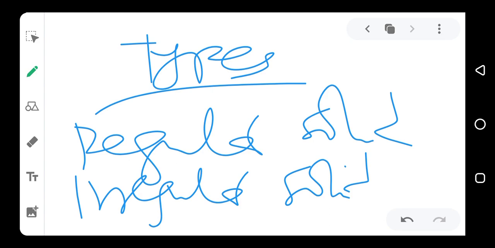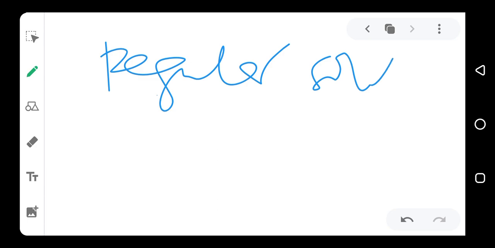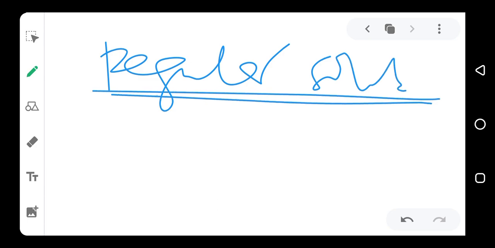If we want to get the density of a regular solid, we get the instrument called a weighing balance. A weighing balance is used to get the mass of an object.